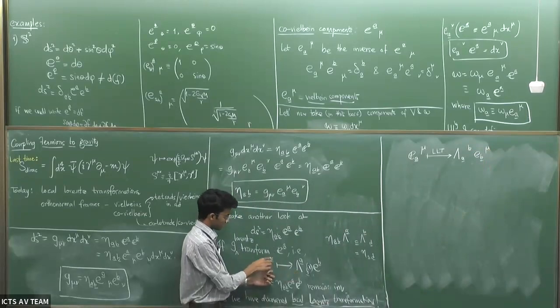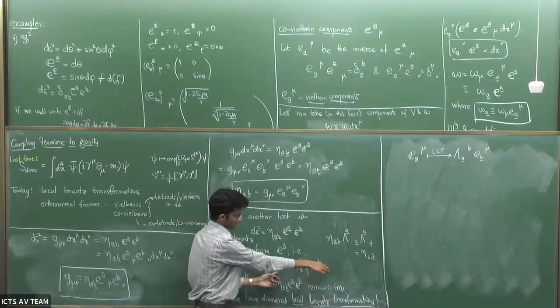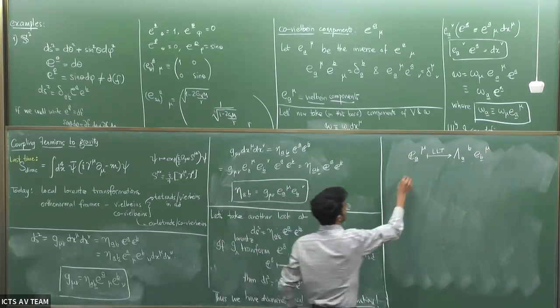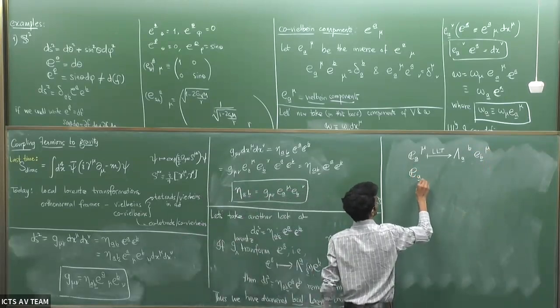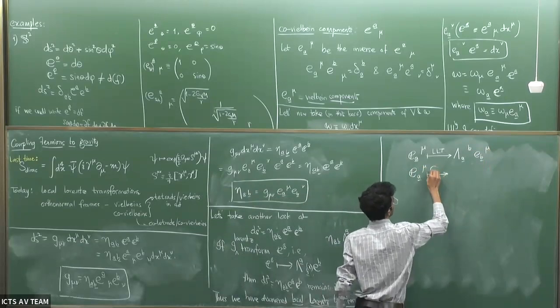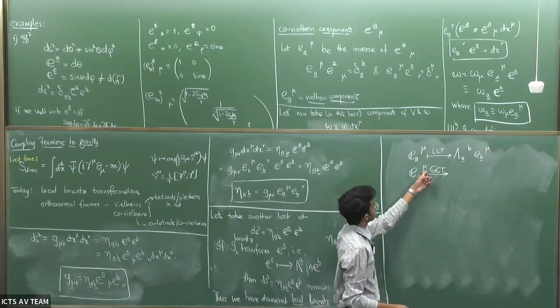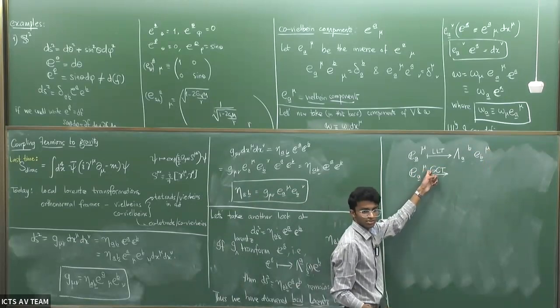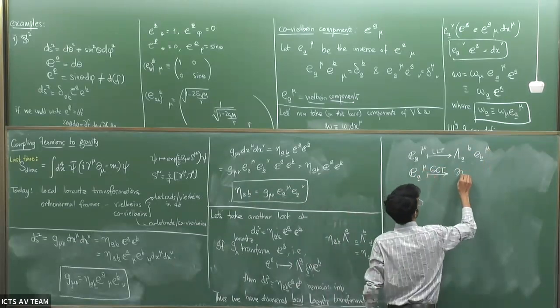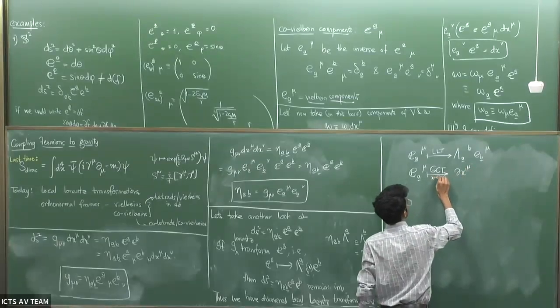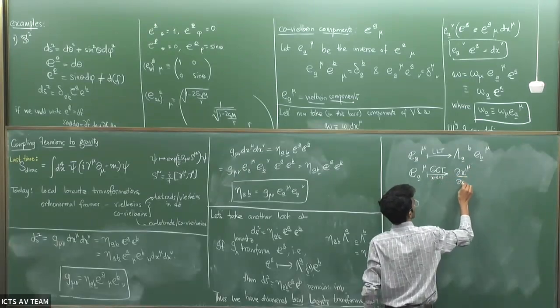I'm just writing E^A_mu dx^mu, E^B_mu dx^mu, cutting off the dx. But at the same time, E also transforms under a general coordinate transformation in a familiar way, because it has a mu index up. So it has to transform like del x'^mu over del x^mu.